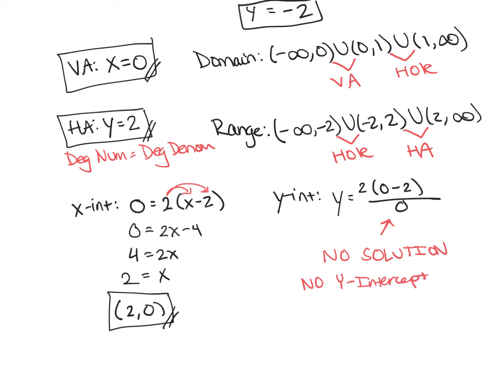And that's okay, because you may notice that we have a vertical asymptote when x is equal to 0. And when x is equal to 0, that's our y-axis. So if we have a line we cannot cross on our y-axis, we're not going to have a y-intercept. So that may happen sometimes, and that's okay. So this is how we would find all of the features when we are factoring and dealing with something with holes. Hopefully not too bad.